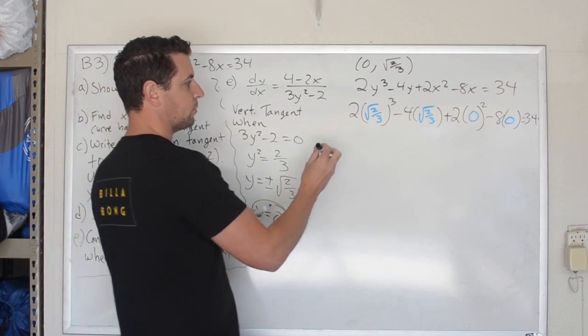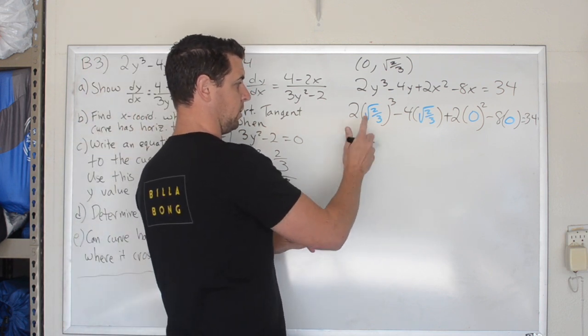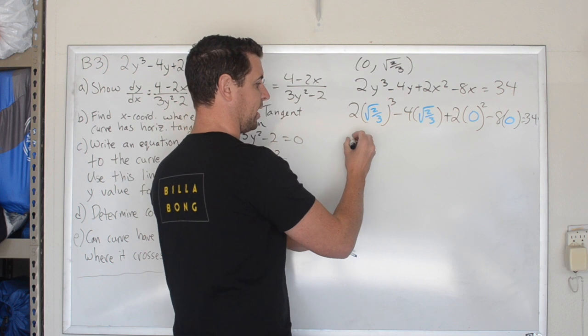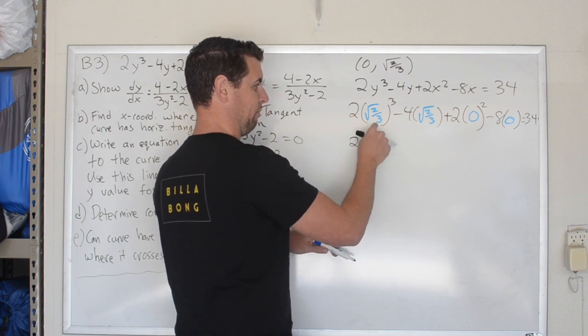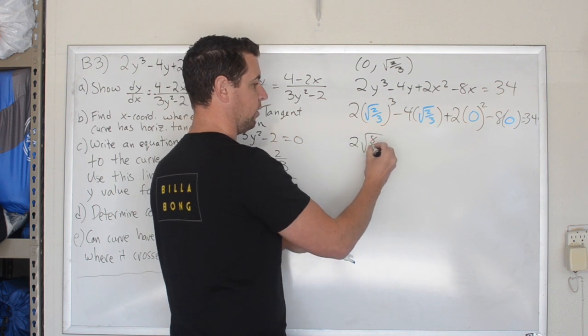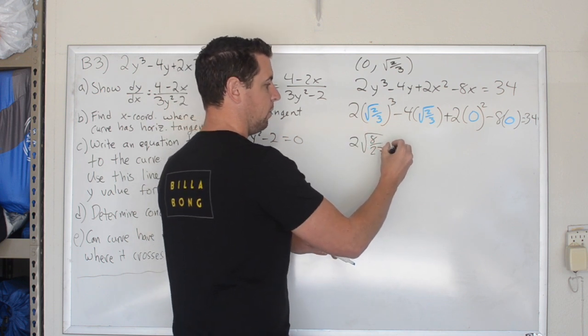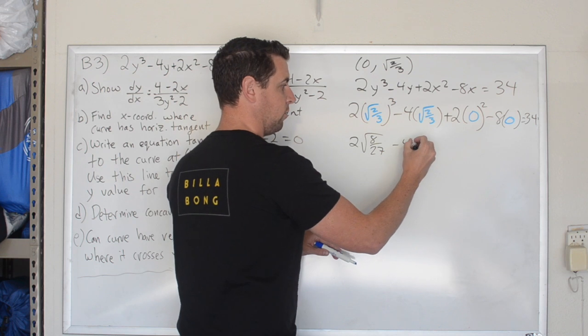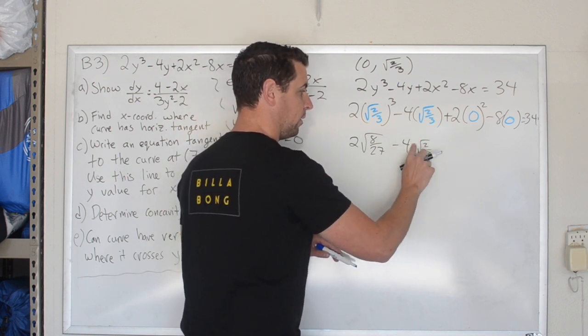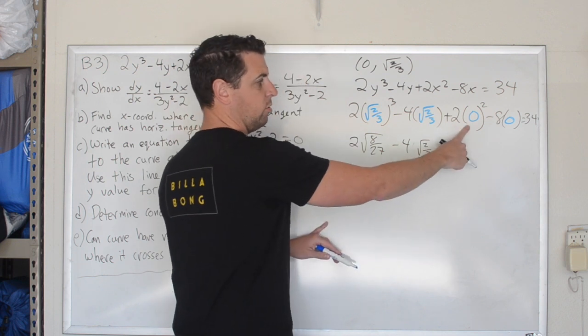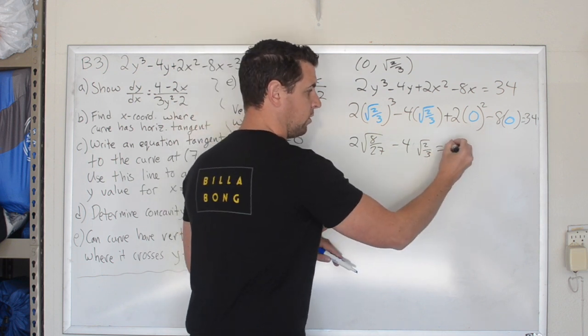When I do that, this cubed is some big number, so I can just cube it. This is 2 times 8 over 27, minus 4 times radical 2/3, and the x terms are 0. Is this equal to 34?